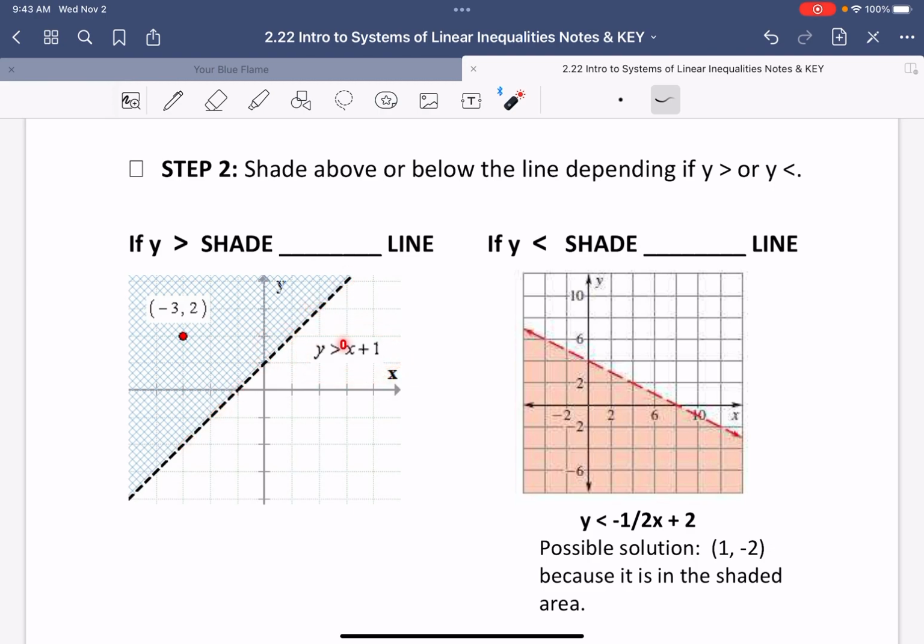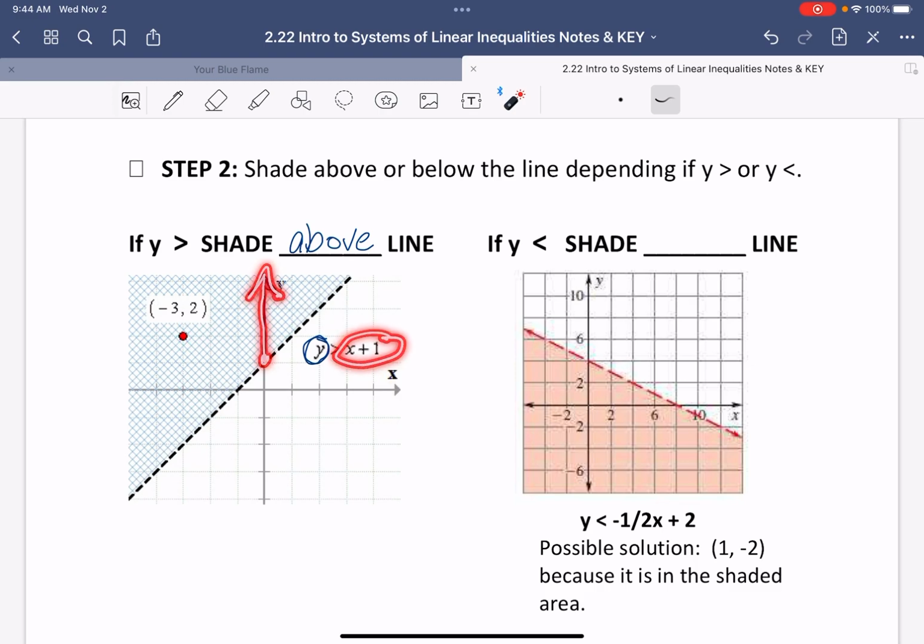The only thing that's different now is the sign. We have a greater than sign, so if y is greater than, you shade above the line, because it's saying that everything above this line is greater.